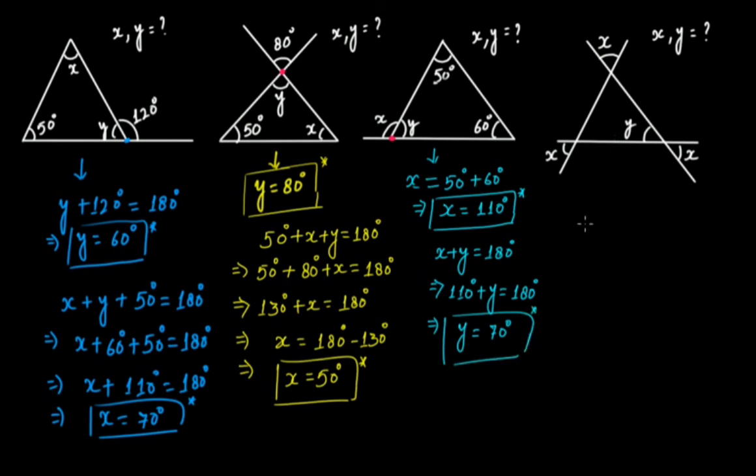In this case, now you have three exterior angles and all of these angles are X, X and X. How to proceed? Well, very simple question.